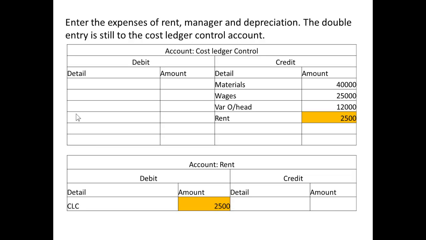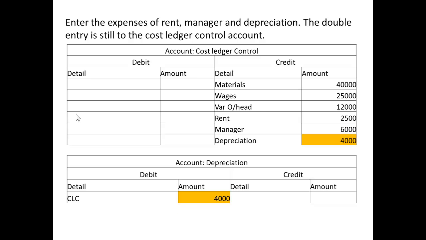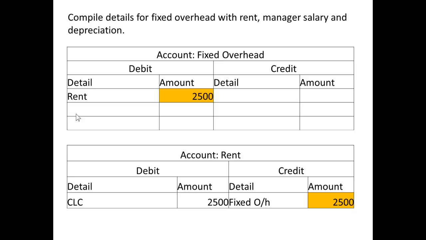Now we do a similar thing to enter the expenses of rent, for the manager's salary and for depreciation. Remember, the double entry is to the control account, so debit rent, credit the control account. Debit the manager's salary as an expense, credit the control account. Debit the depreciation, credit the control account.